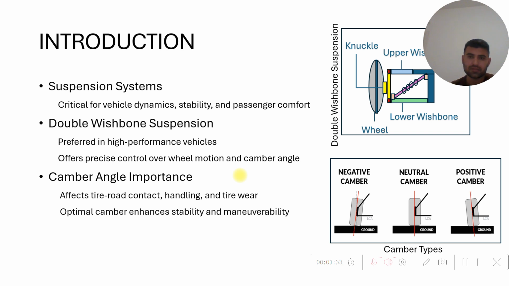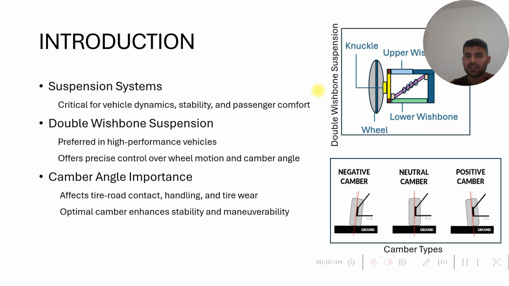You can also see in this diagram how a double wishbone suspension looks. This is the wheel, with the upper arm and lower arm. It is also called an A-arm suspension system. It separates the shock and the spring load and allows better camber control, which is a critical factor in vehicle stability and cornering.